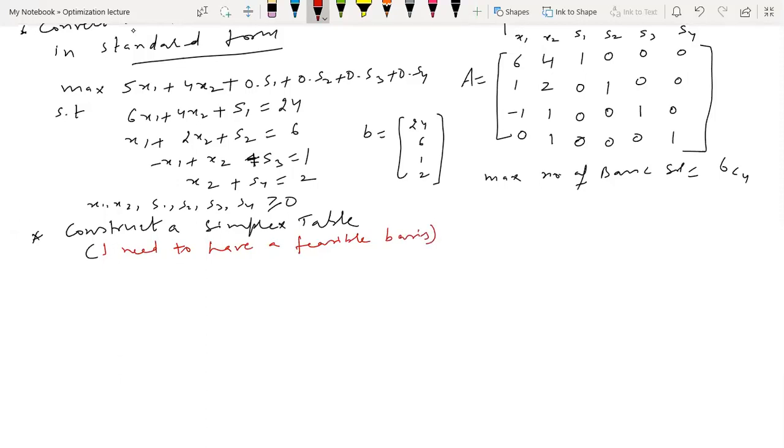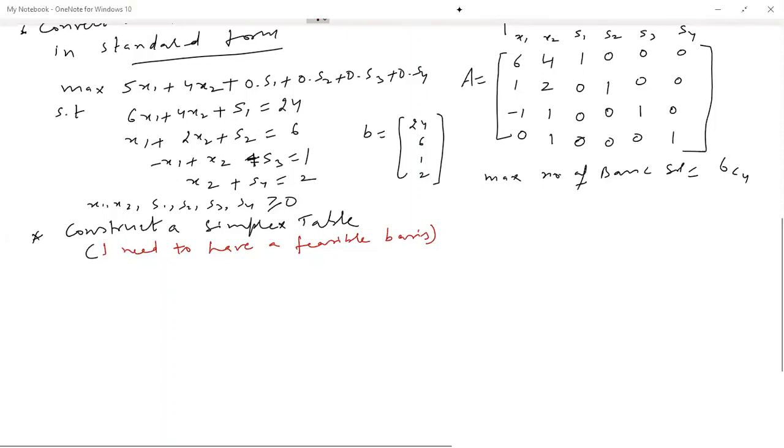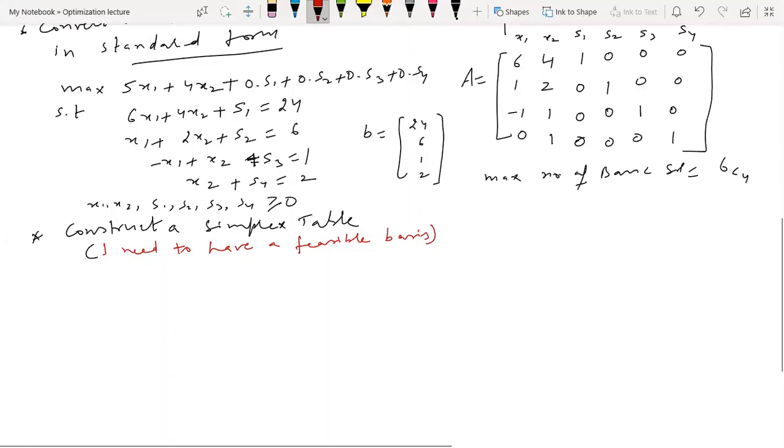Now what do I mean by a feasible basis? It means I should make a choice of the basic variables such that it gives me a basic feasible solution, not an infeasible solution. You have already seen in your program that sometimes we get infeasible solutions also, which we are not interested in. Why? Because all my variables are greater than or equal to 0.